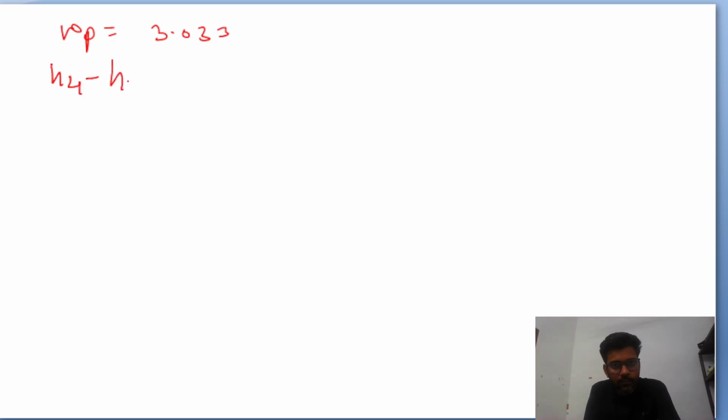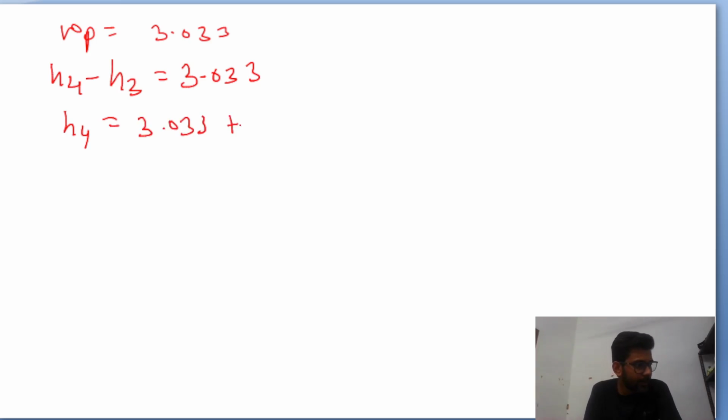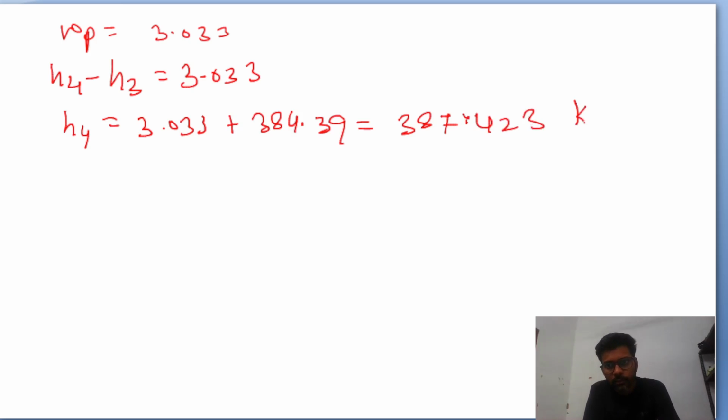That is H4 minus H3, which is 3.033, and H3 we know, so H4 is equal to 3.033 plus H3, which is 384.39. So this is 387.423 kilojoule per kg.